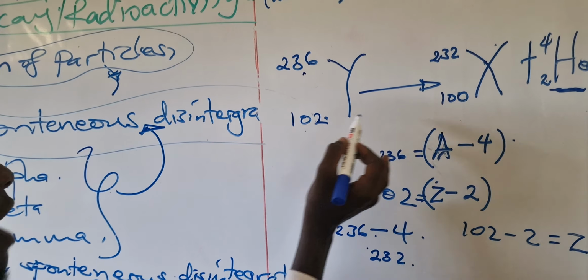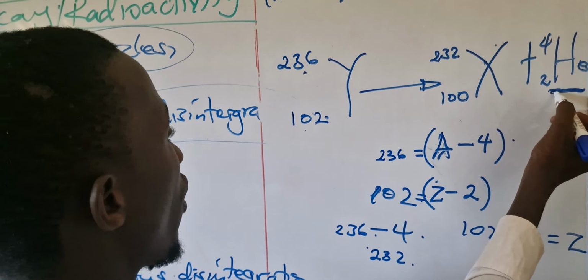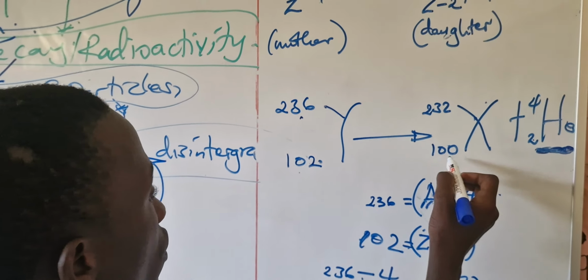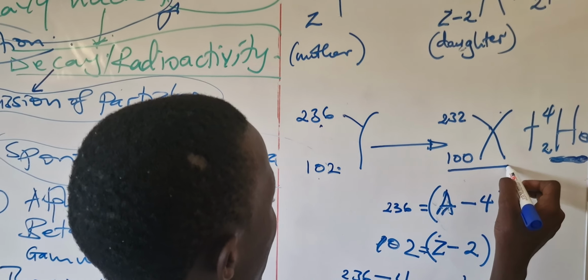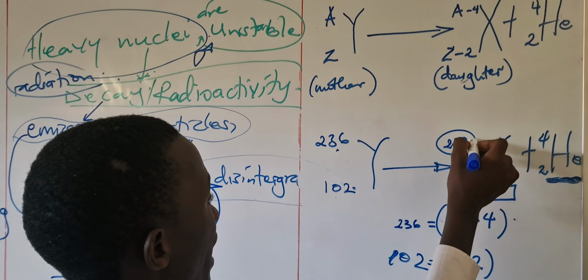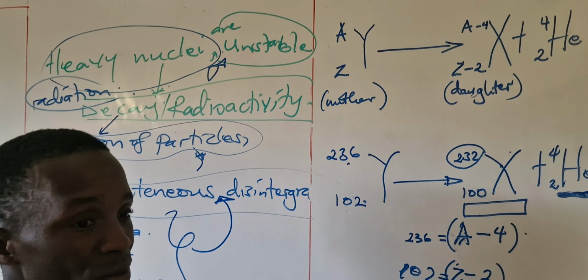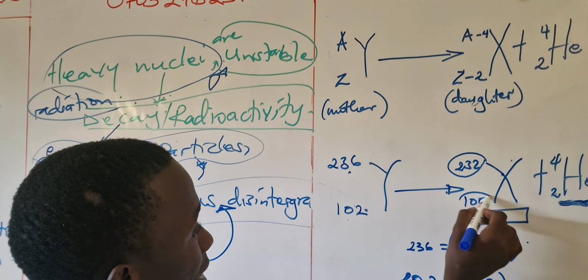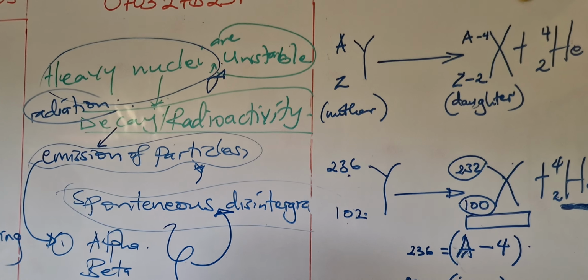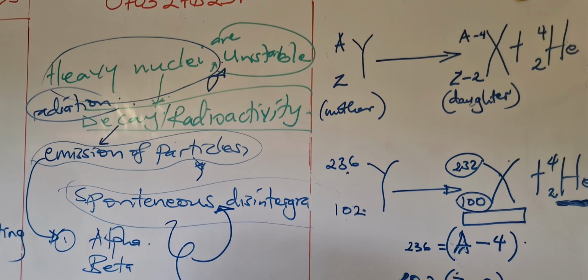So after decay by emission of an alpha particle, it will form a daughter nucleus of mass number 232 and atomic number 100.